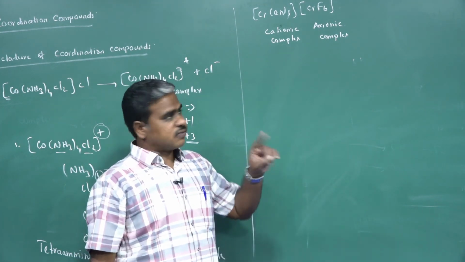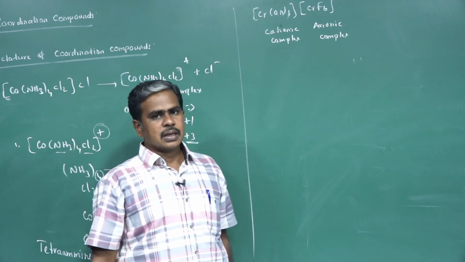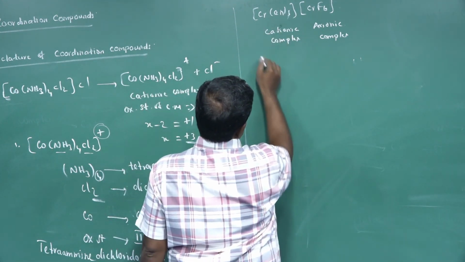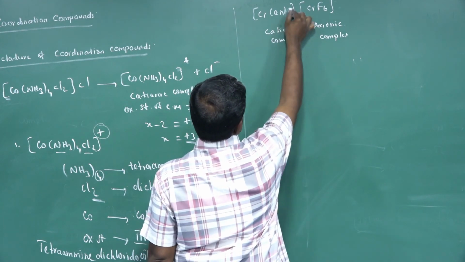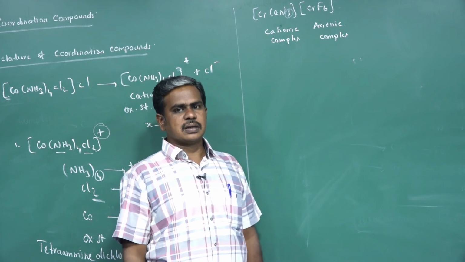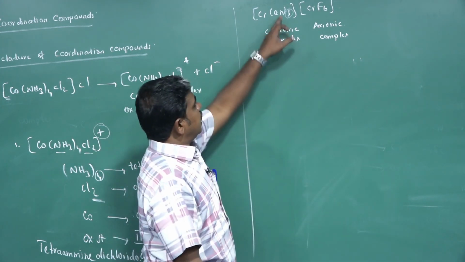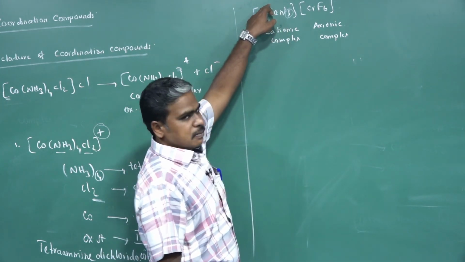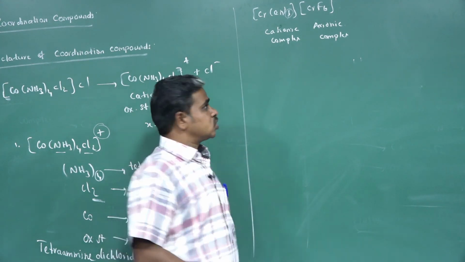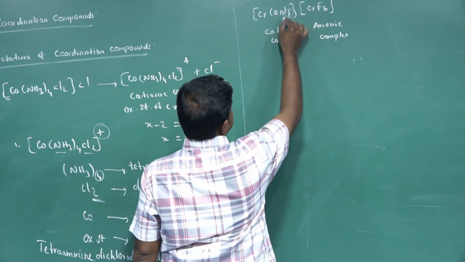In a complex, first we take the coordination number. So here, cation first. The number is 3, and if it is 3 we would normally take tri. But the ligand is ethylenediamine, which itself contains di, so we consider tris.